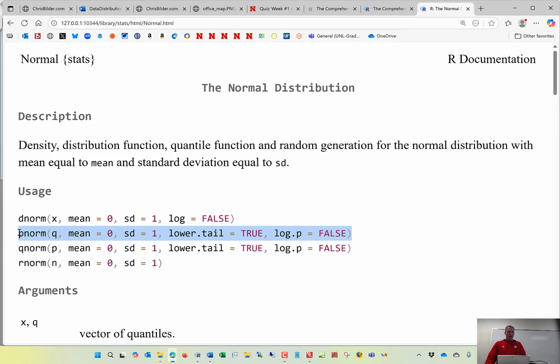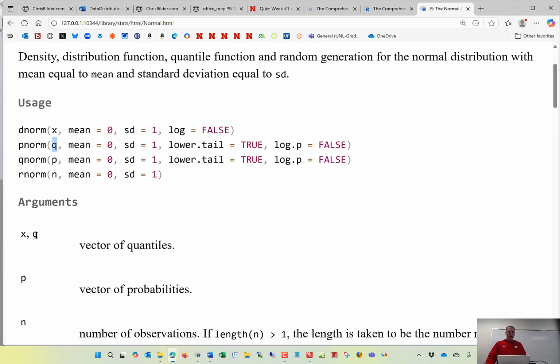So if I look at pnorm, notice it says q. Q is called an argument in R's terminology. What is q? Quantiles.